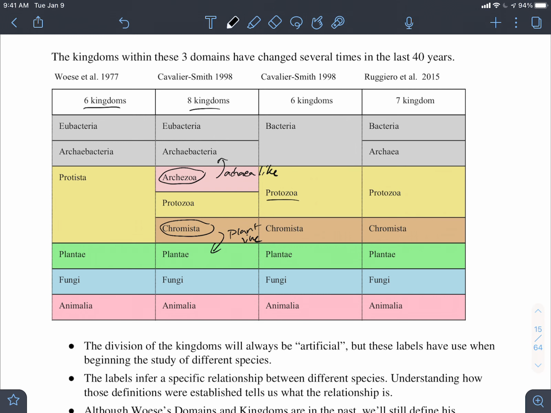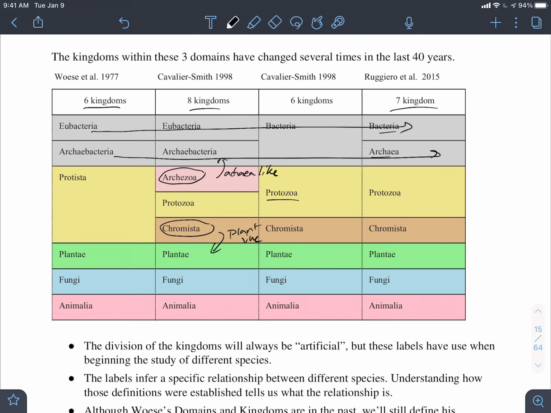And then Ruggiero in 2015, and this is not by any means the law, this is just one paper in 2015 that came up with the idea that we should do 7 kingdoms, where we have the bacteria and the archaea again. So these are the same organisms all the way through.